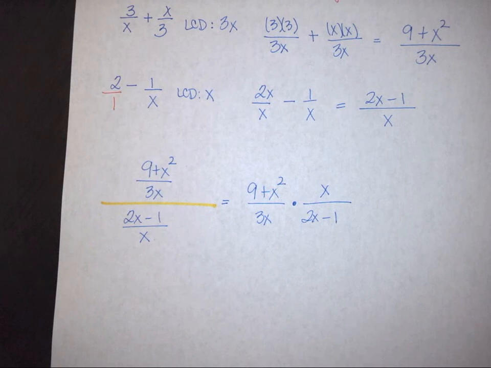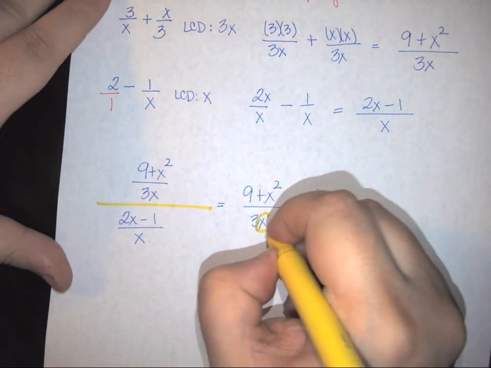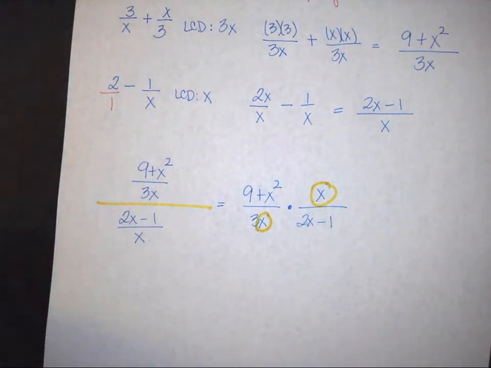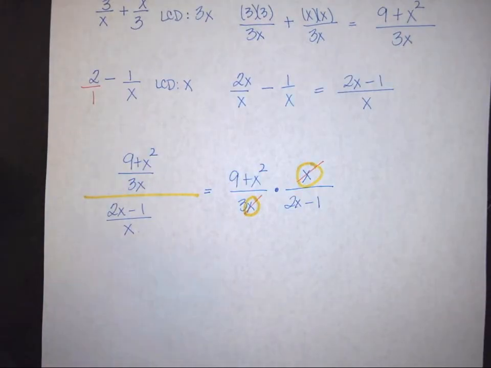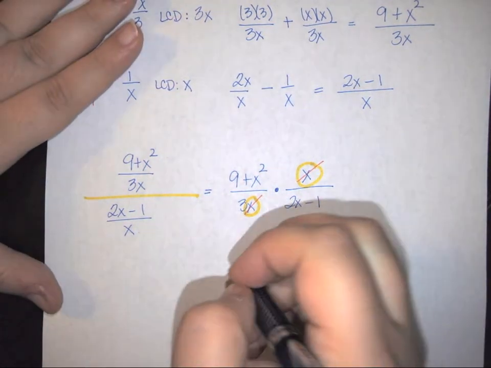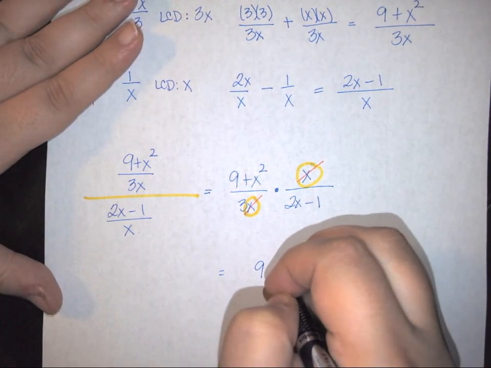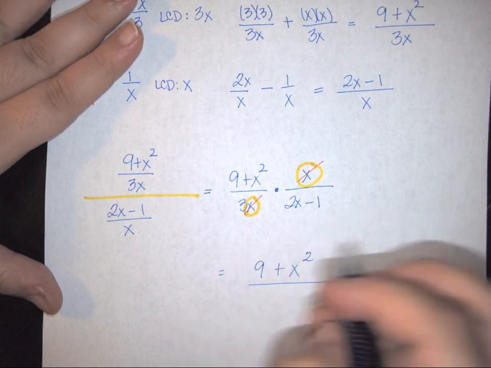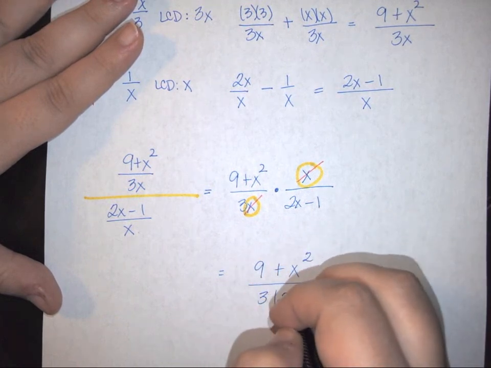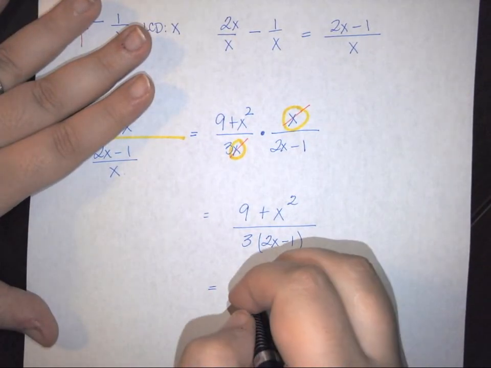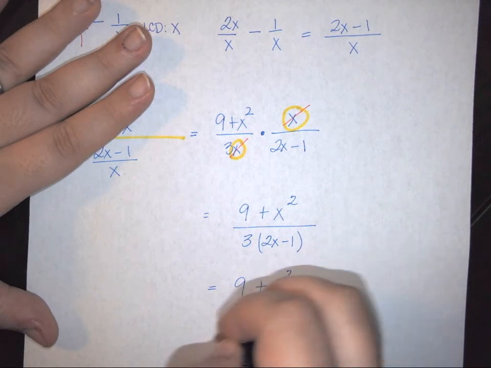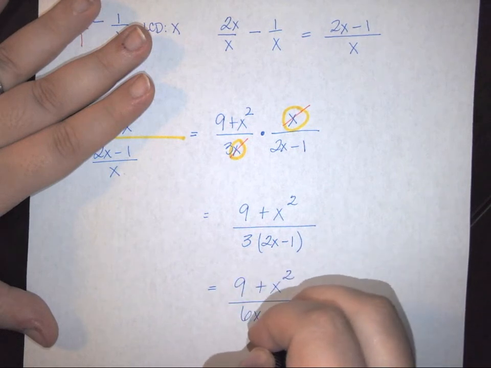In this case, we want to be able to reduce, and so notice I have an x on the bottom and an x on the bottom. And so I'm going to go ahead and remove these, which tells me that the only thing that I have left is 9 plus x squared on top and 3 times 2x minus 1 on the bottom, which can also be written as 9 plus x squared over 6x minus 3.